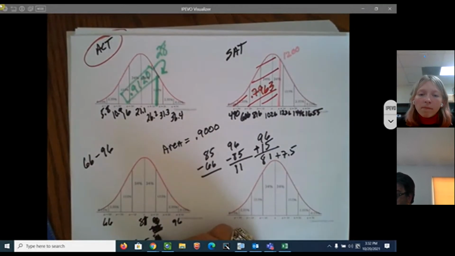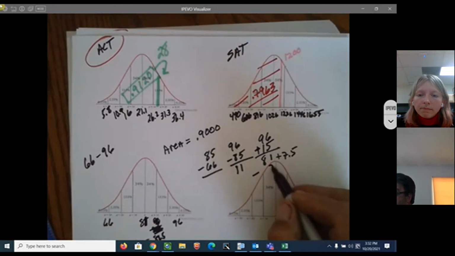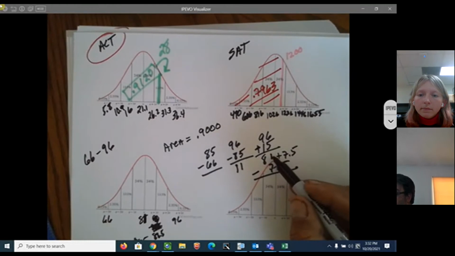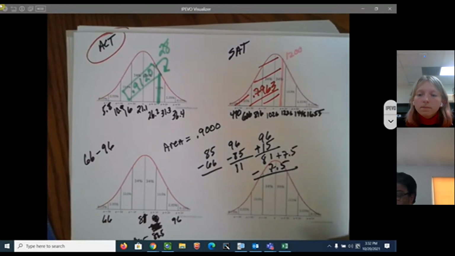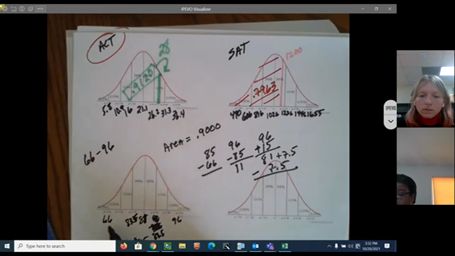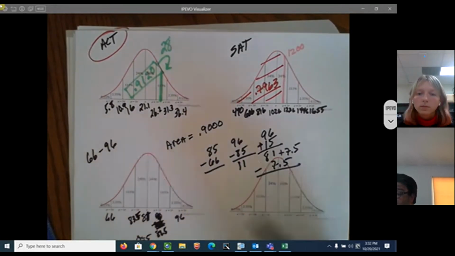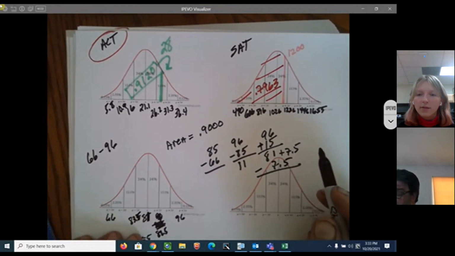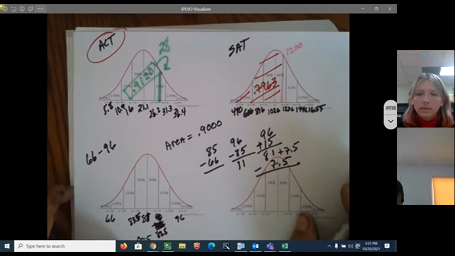So that's right here. 81 minus 7.5 is 83.5. And then 66 plus 7.5 is 93.5. Yeah, I'm not getting these numbers to come out right.